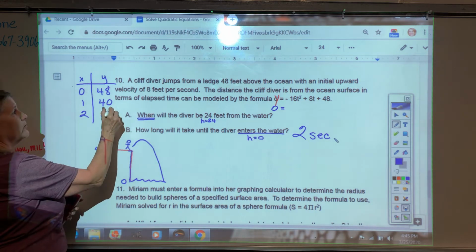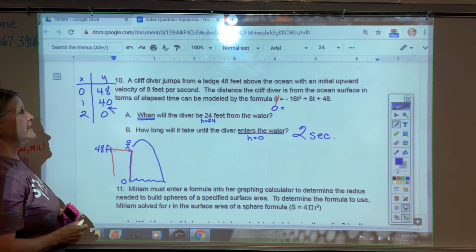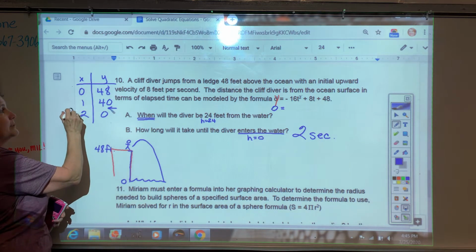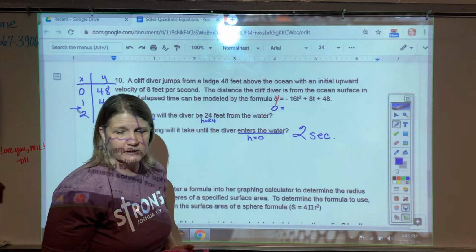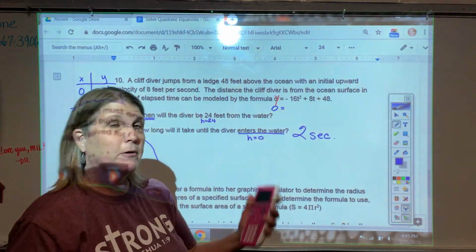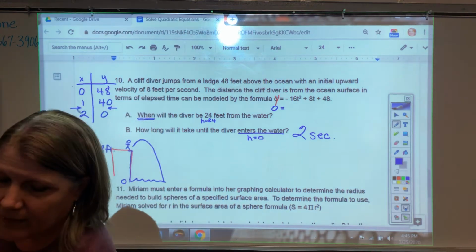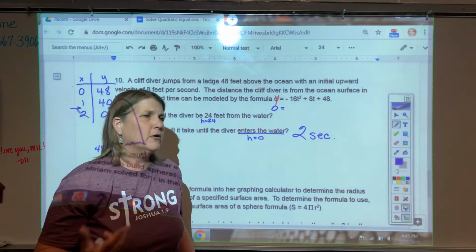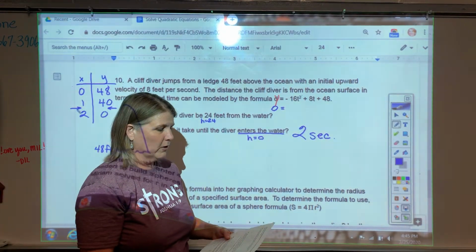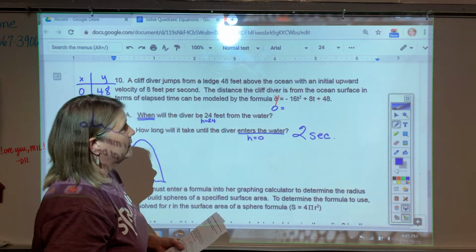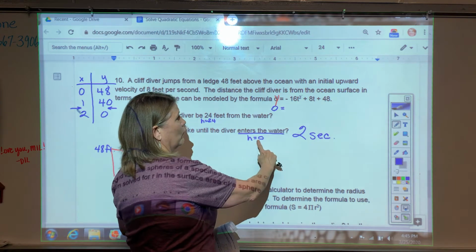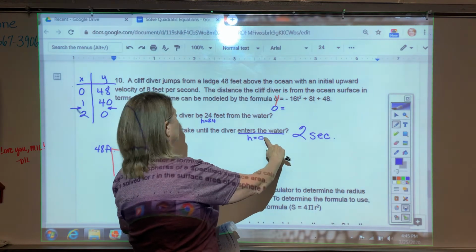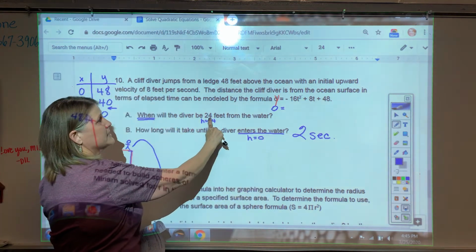24 feet above the water, 24 would fit somewhere between 0 and 40. So I know that time is somewhere between 1 and 2 seconds, but I don't know exactly where that is. And so we're going to have to use some other method besides the calculator to find that, because it's going to be one of those in-between spots. So one of the best things we can do is go ahead and fill that out. 0 was what I wanted the height to be on question B, but on A, I want the height to be 24.